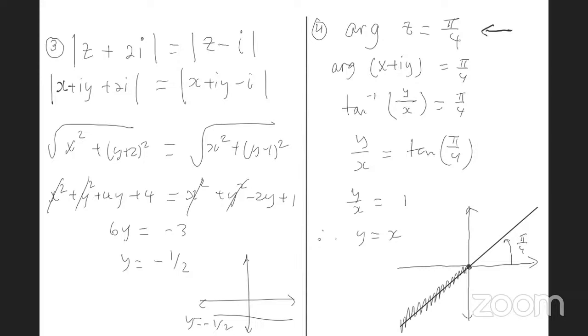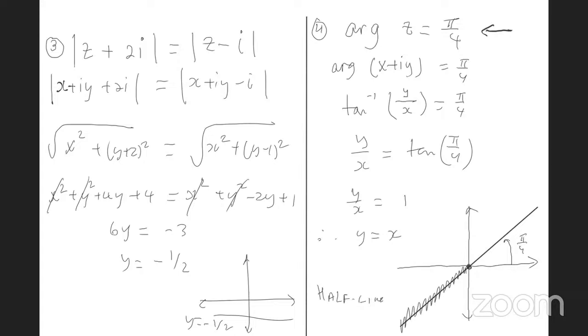So for y equal to x, the part that you're going to draw is the part above the x-axis, right? And this that we have in front of us is called a half line. The reason why it's a half line is because only half of the line is defined.